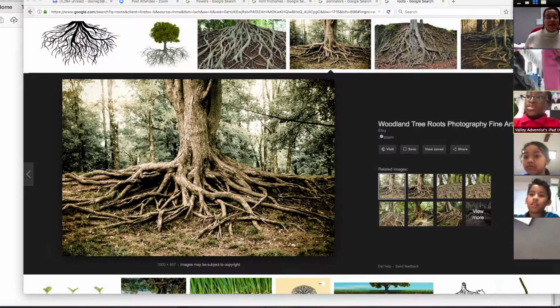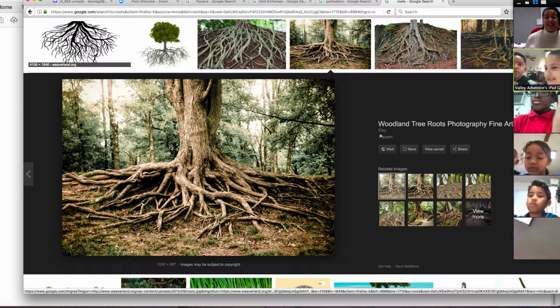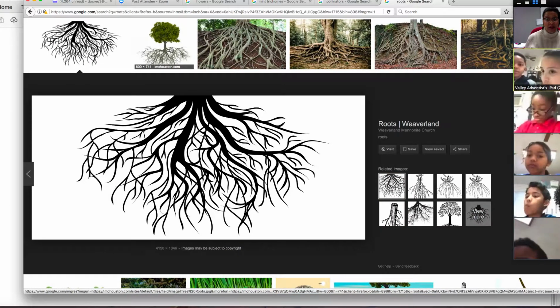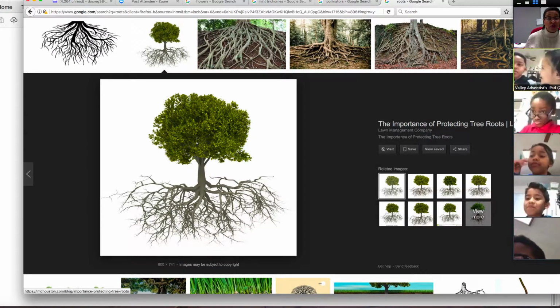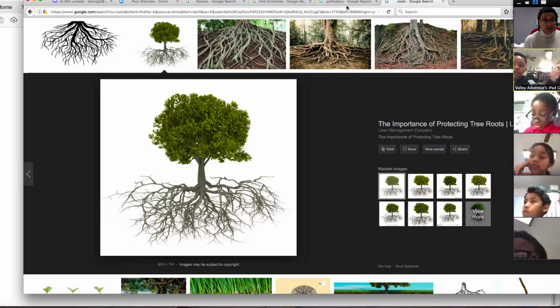This is a tree, and you see some of its roots are above the ground, but it also has a ton of them underground like this. Has it been windy out there for you guys lately?